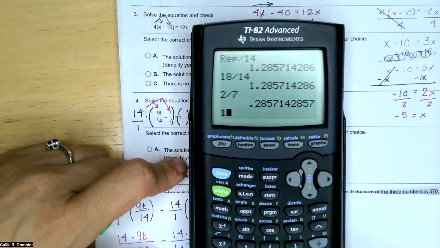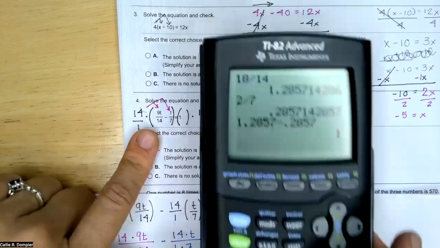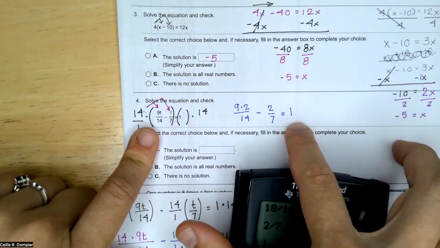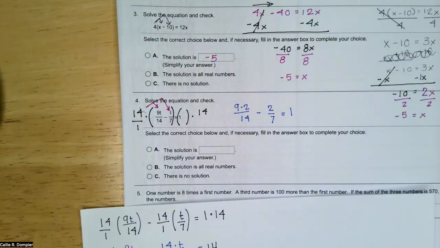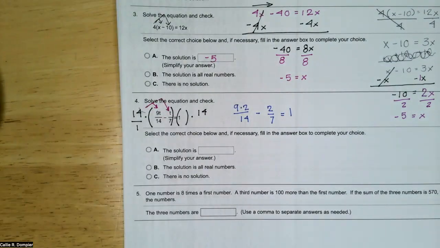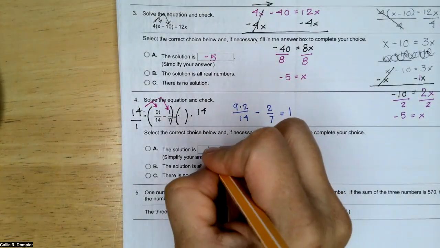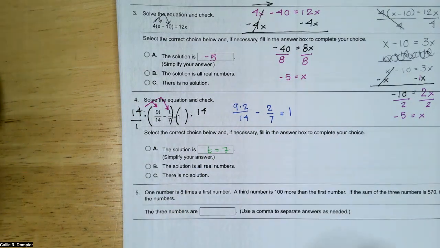So 1.2857 minus 0.2857 is going to give me that 1. So you can put that back into your equation and check your work if you're worried. All right, so I would say the solution is t equals 2.